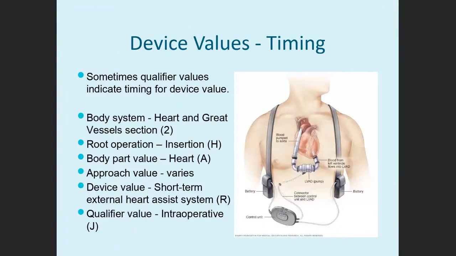Sometimes qualifiers indicate that a device is used only for a short period of time. For example, device value short-term external heart assist system, intraoperative is the qualifier value. This is in the heart and great vessels insertion. So you insert temporarily an external heart assist system.